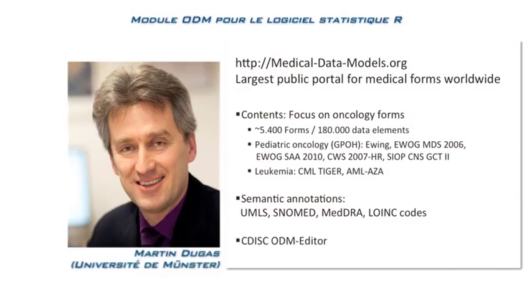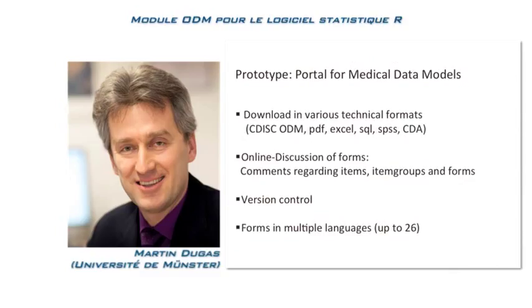And we also provide, and I will demo it to you, a web-based editor to generate and update ODM forms. So this is a prototype. You can download forms, CRFs, in various technical formats. The primary format is CDISC ODM, but also PDF, Excel, SPSS.